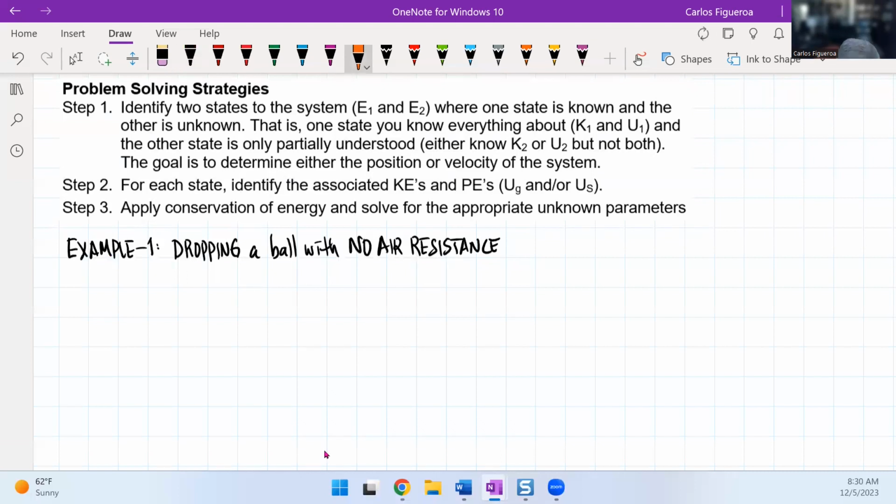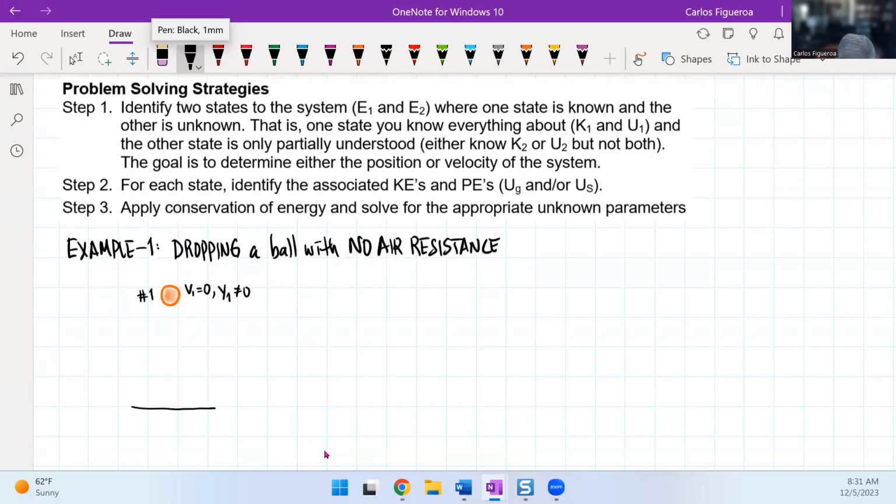Well, I'm going to imagine that I have a ball that I'm going to drop. And I'm going to call this state 1. I'm going to start at rest, and this ball starts off with some height which is not equal to 0.